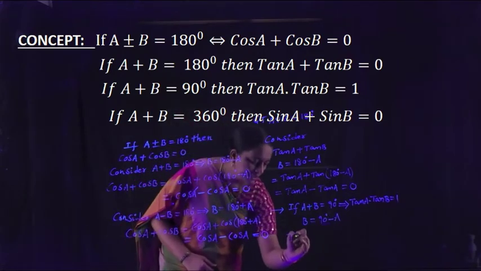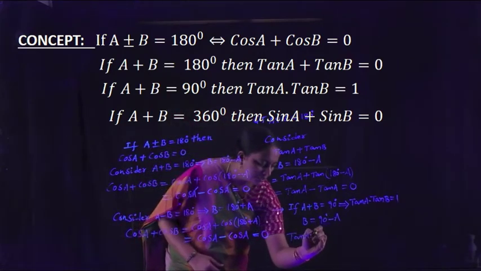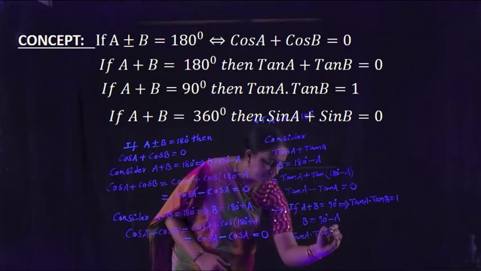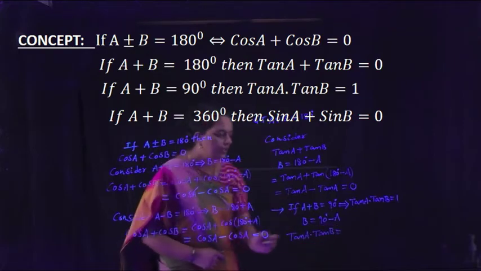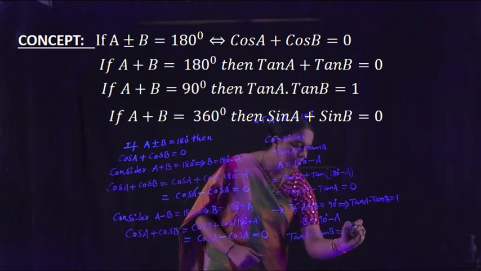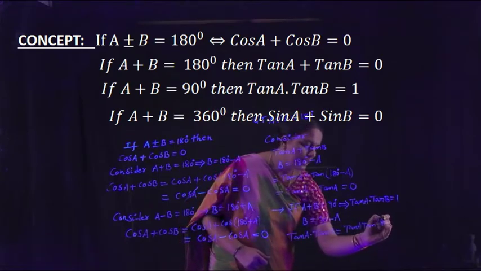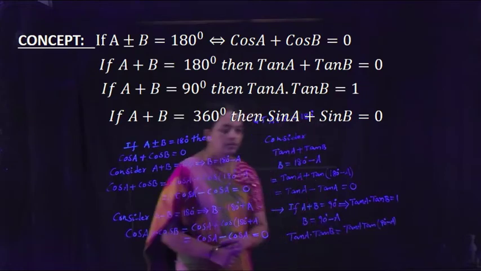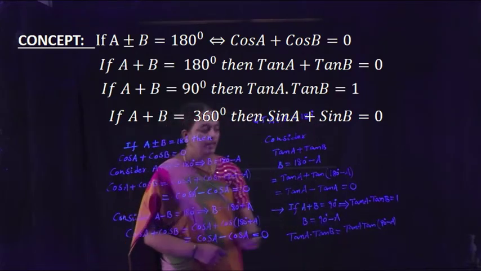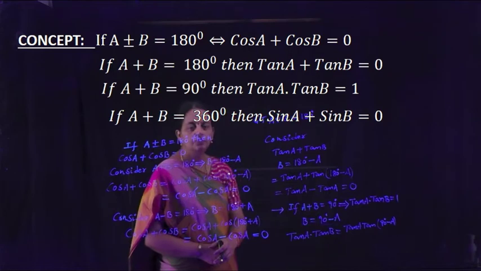Hence, tan A into tan B is equal to tan A into tan of B, meaning tan of 90 minus A. 90 minus A lies in the first quadrant.